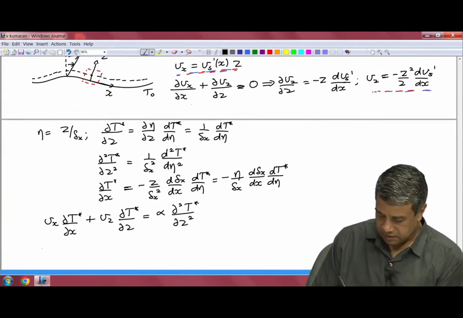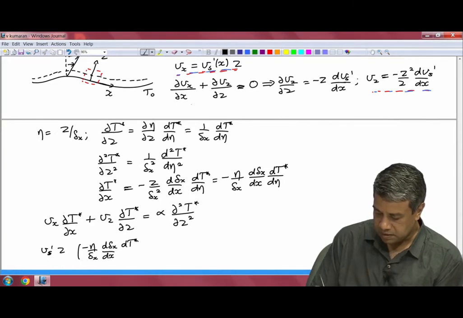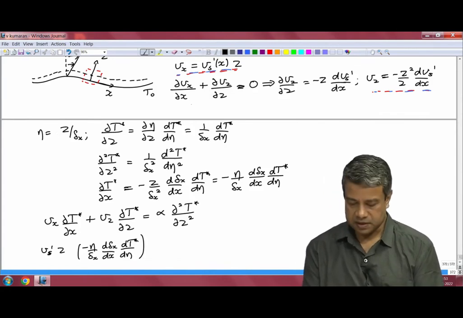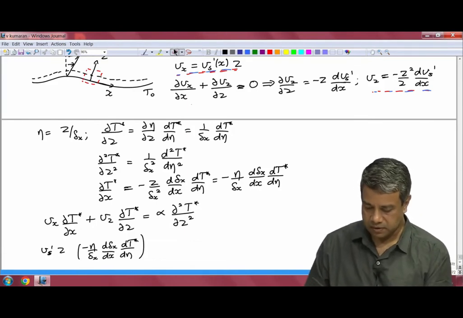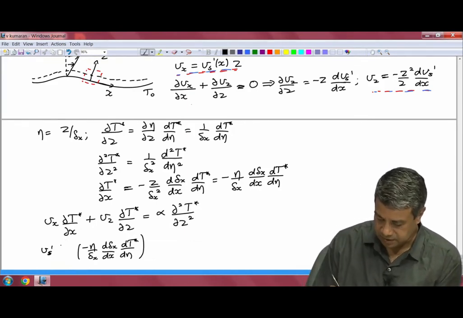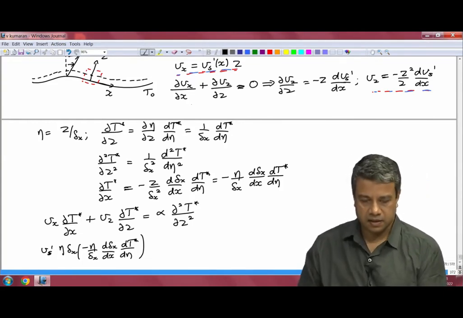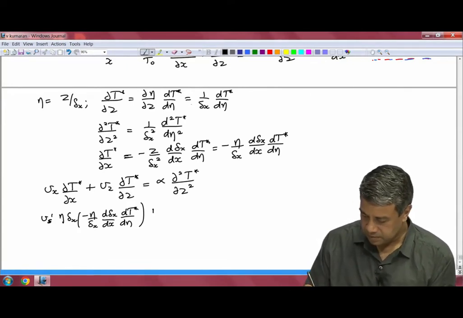So, the first term here, Vs prime z, into minus eta by delta x d delta x by dx dt star by d eta. That is Vx times partial t by partial x. And instead of z, I will substitute eta times delta of x. Plus the second term, plus Vz.